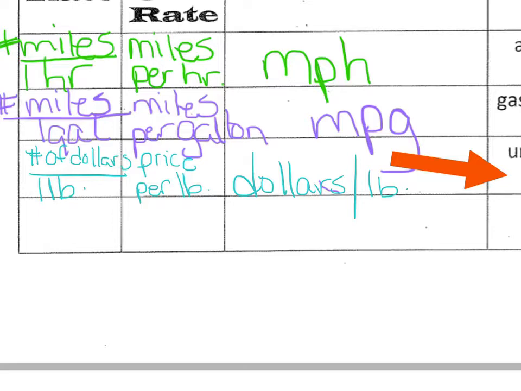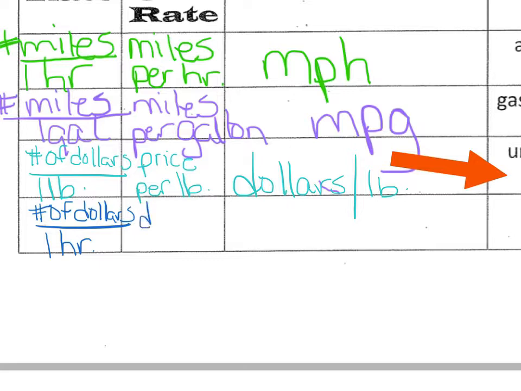The last one that I'm going to give you today is the number of dollars that you can earn per hour. This will be really important one day to you. This could actually be important now if you're starting to babysit or something. You want to know how much you make per hour.